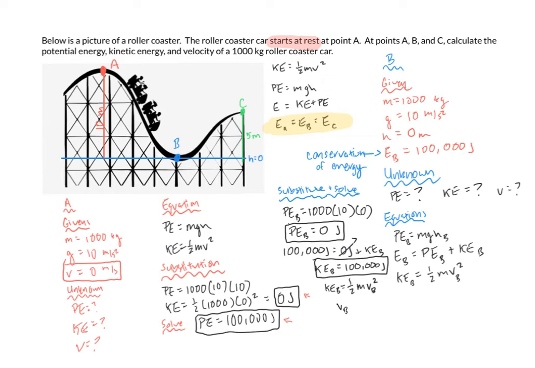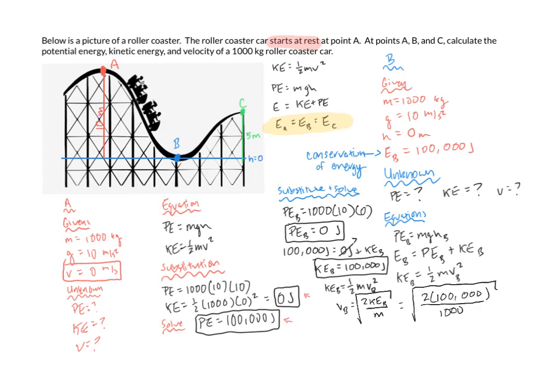So my speed at B is going to equal the square root of 2 times my kinetic energy at B divided by the mass of my car. Plugging in my numbers, it's 2 times 100,000 divided by 1,000, and I'm going to take the square root.